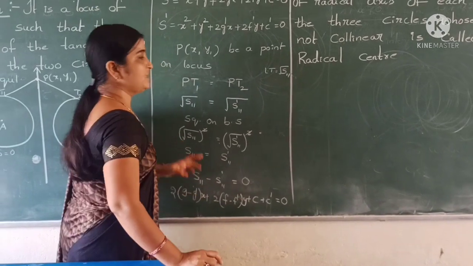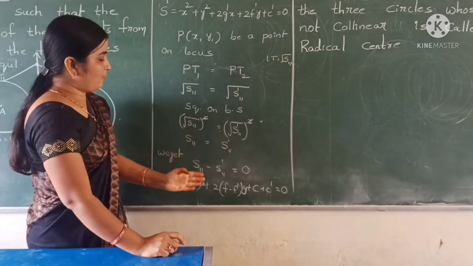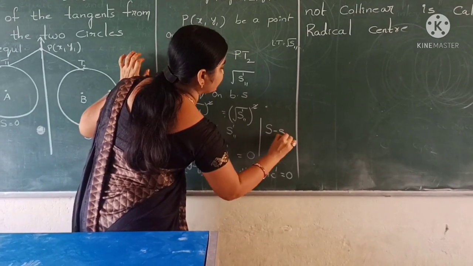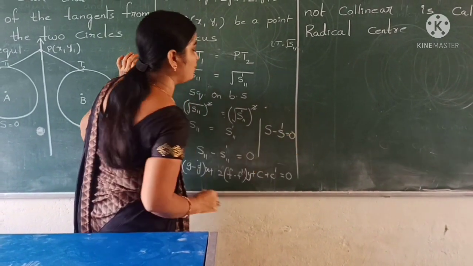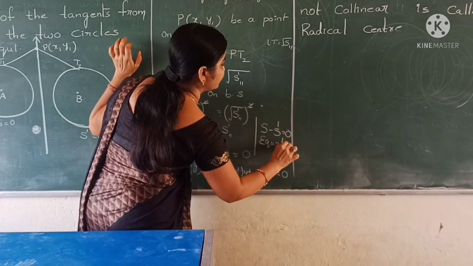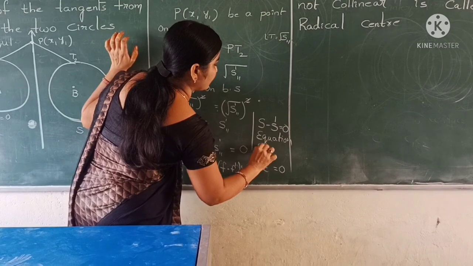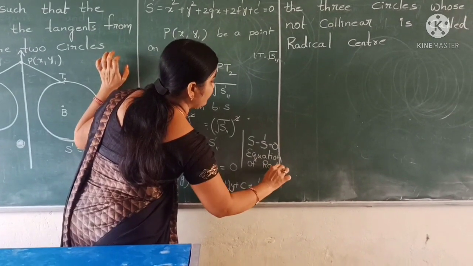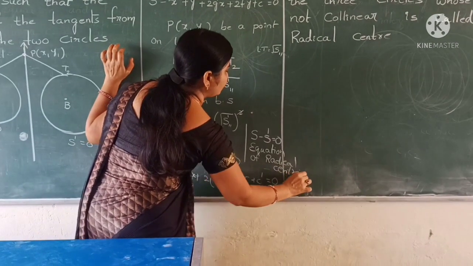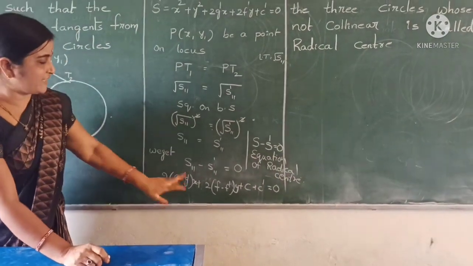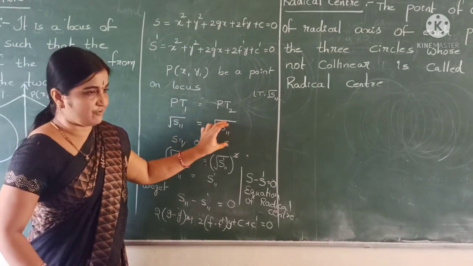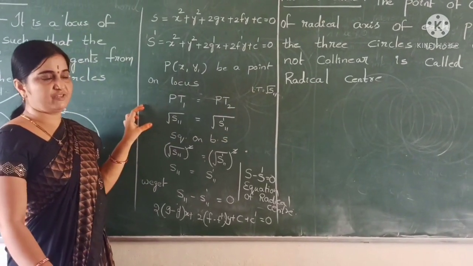Now what we have to write here: s minus s dash is equal to 0 is the equation of the radical axis. Children, don't get confused. Directly I have written like that. Here root over s11 is equal to root over s dash 11. S11, what is the notation of s11?